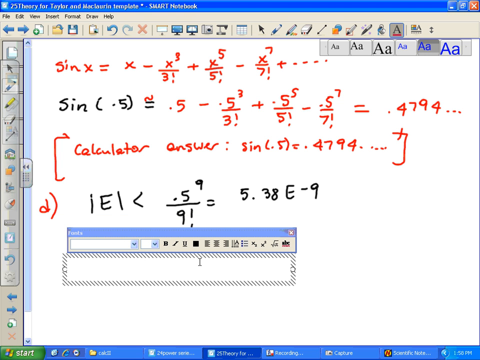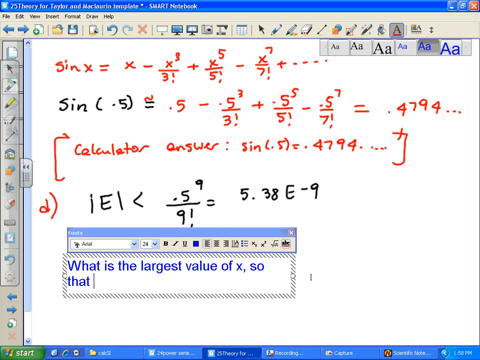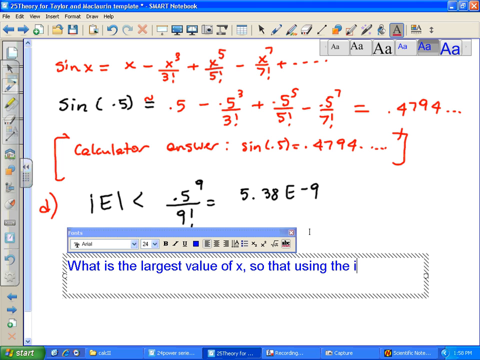What is the largest value of x so that using the first 4 terms gives an error of less than 0.001.